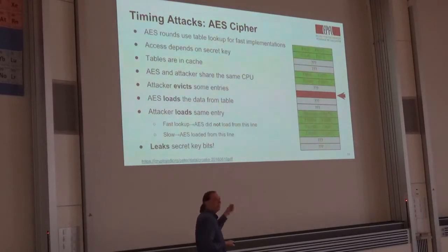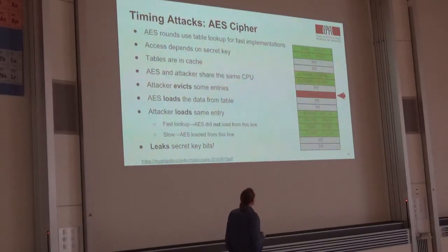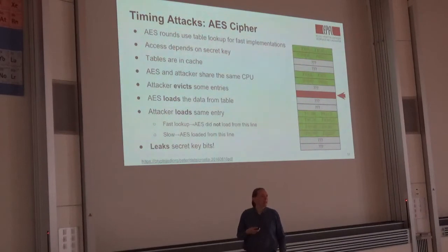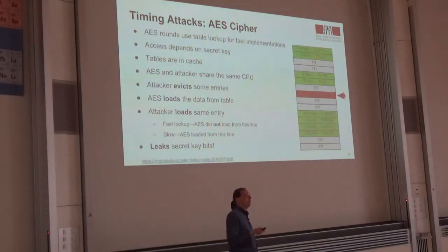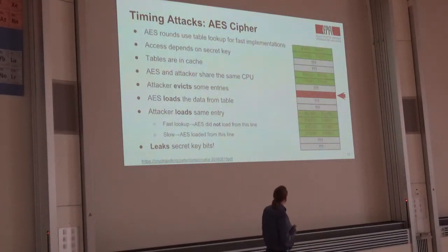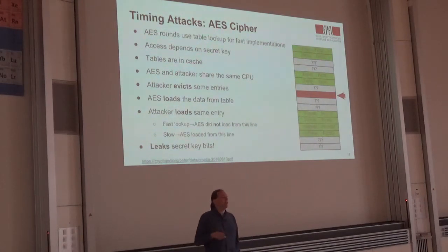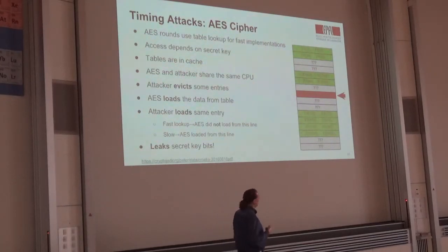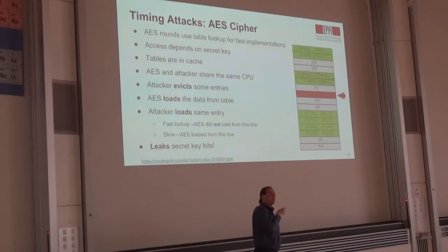So some of the table entries are likely to land on the same cache line, and the attacker won't be able to distinguish some of them. And multiple iterations of the AES loop might run before the attacker comes back and gets any information, and this kind of thing. There are a lot of ways that limit the amount of information the attacker gets in practice from any given iteration.